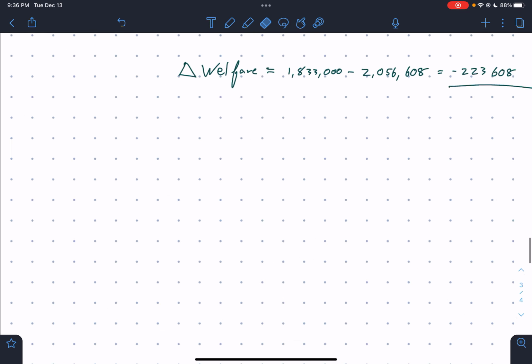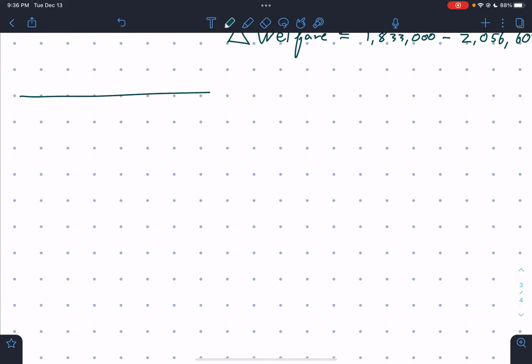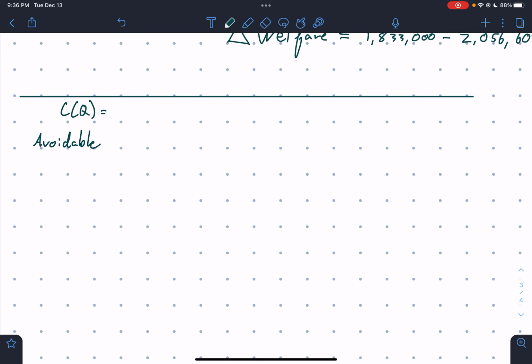This will characterize the price at which firms are willing to produce. So the avoidable cost. So here, C of Q, again, is 2 over 11 Q squared plus 125,000. The avoidable cost is just the same thing.